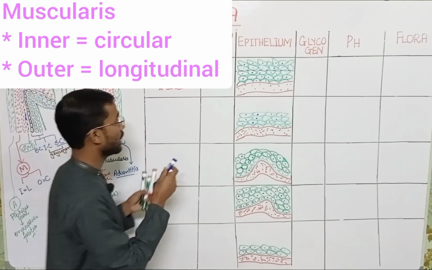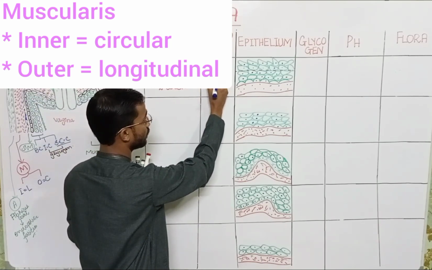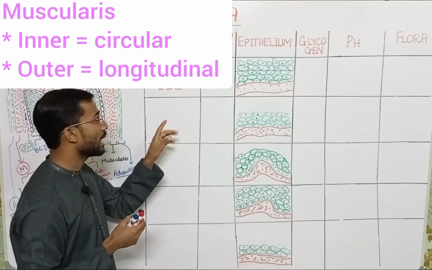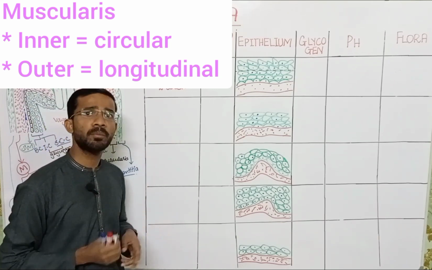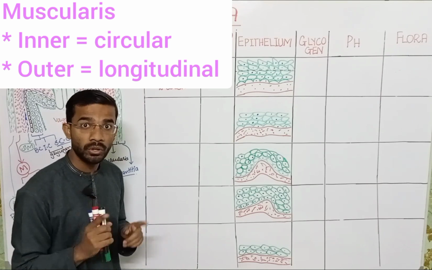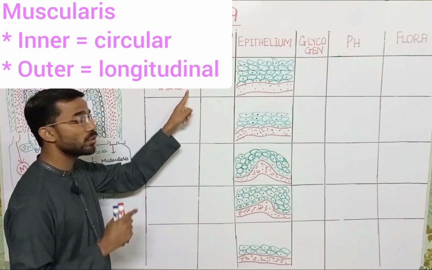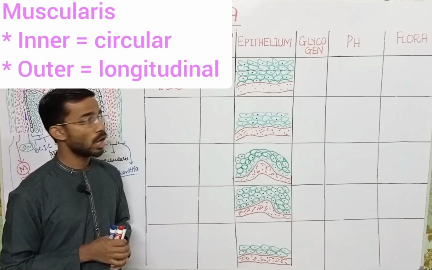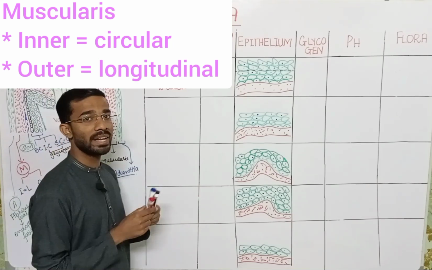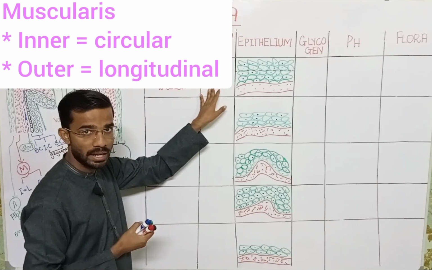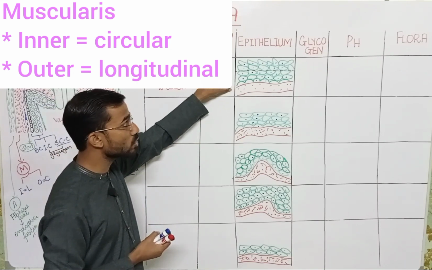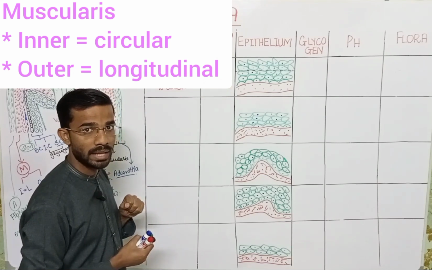So the estrogen is present, and does that mean the estrogen starts producing at birth? No, not at all. Actually the estrogen which is present at birth comes from the mother's body. That's why this estrogen is called maternal estrogen. You will see the thickness of the vagina will be maximum in that case.